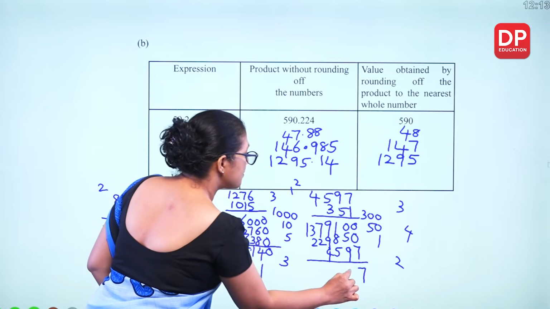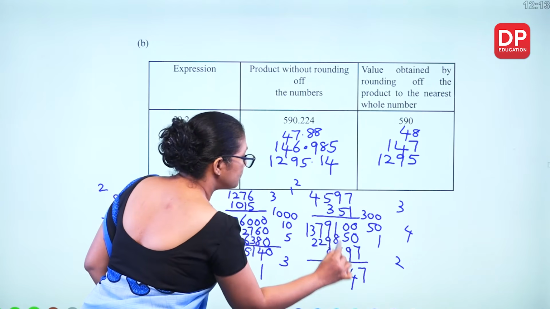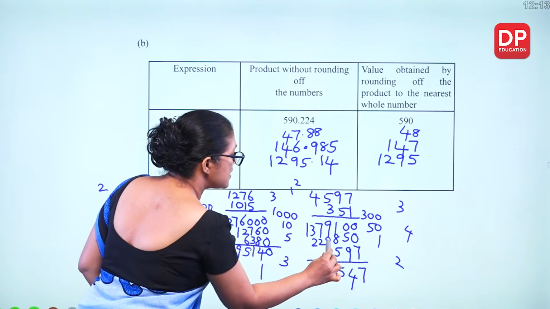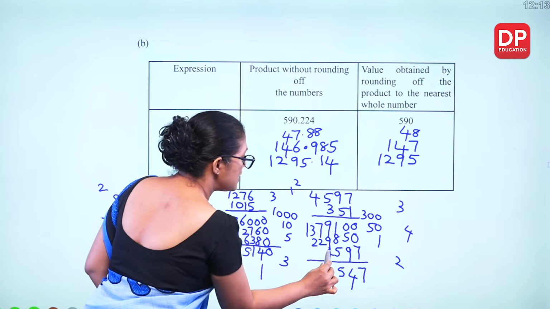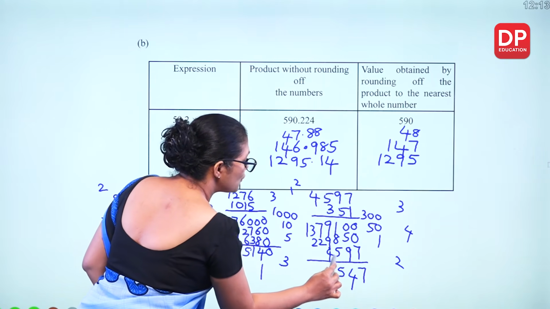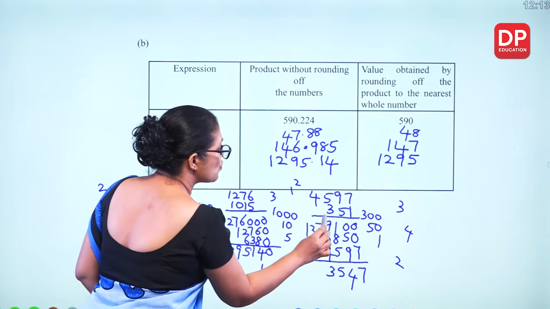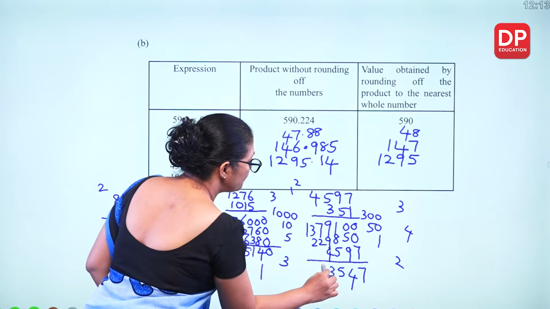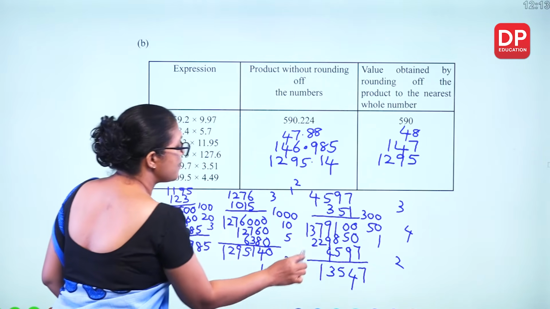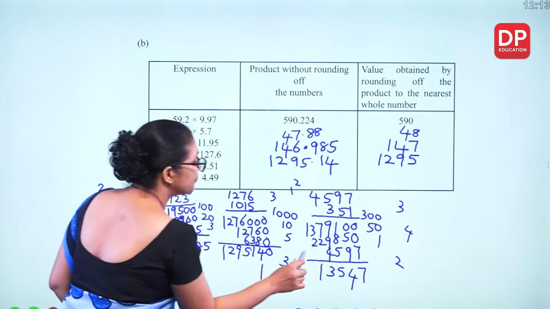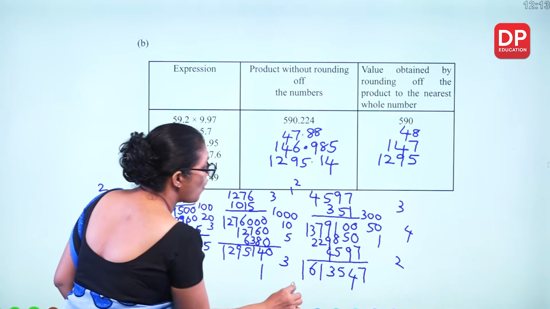So when you add it, 15 and 10, 19. 19 plus 4, 23. 2 remaining. 7 plus 2, 9. 9 plus 2, 11. 1 remaining, and you get 6 and 1.